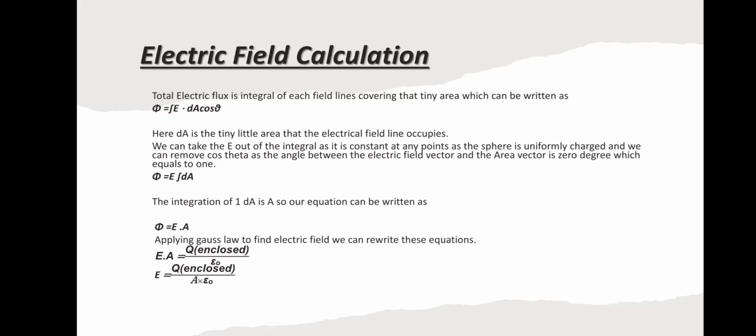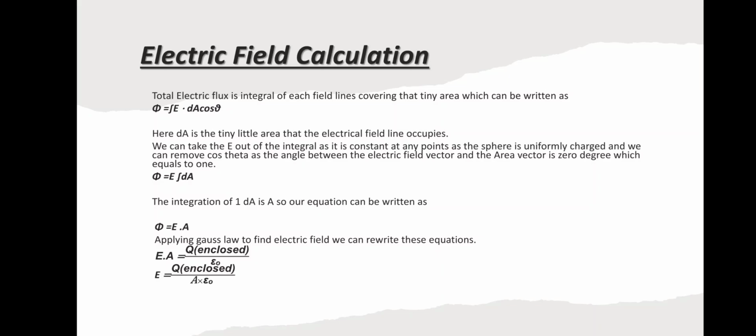Total electric flux is the integral of each field line covering that tiny area, which can be written as the equation shown below. Here dA is the tiny little area that the electric field lines occupy.